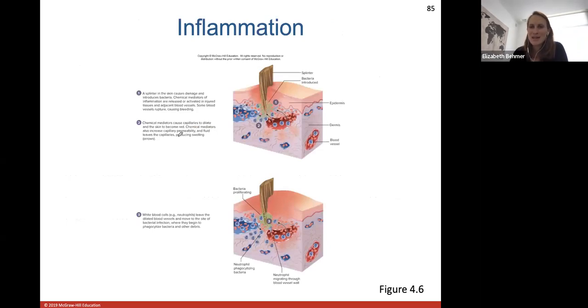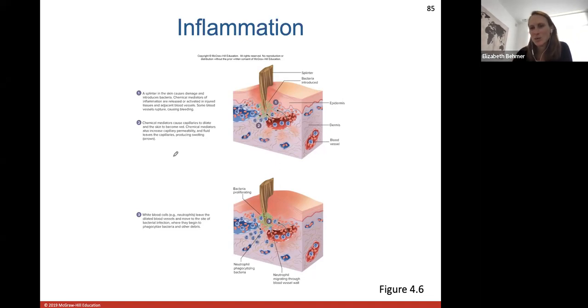So let's say you get a splinter. The splinter is introduced into the skin. It breaks blood vessels. It introduces bacteria. So chemical mediators of inflammation are released to help the injured blood vessels. Some blood vessels will rupture, causing bleeding. Chemical mediators cause capillaries to dilate to bring more blood to that area, because traveling within the blood are platelets and white blood cells.